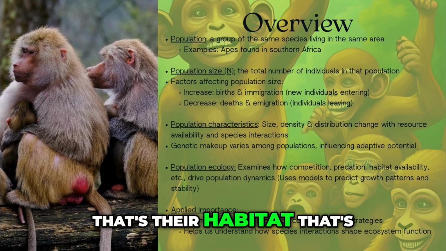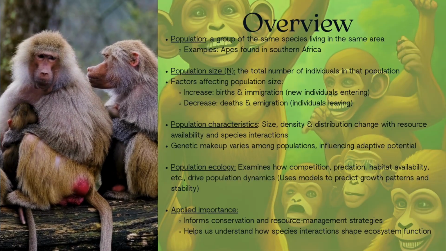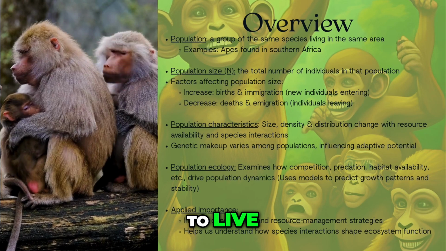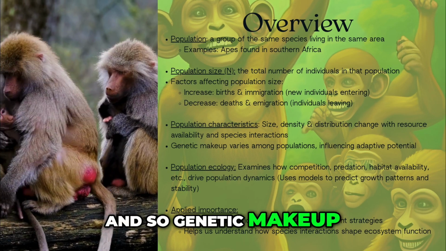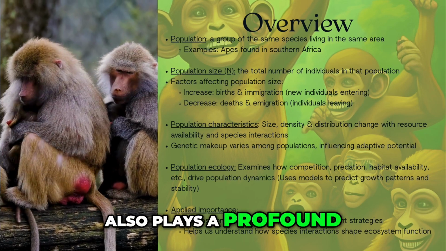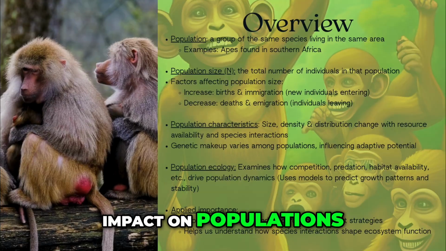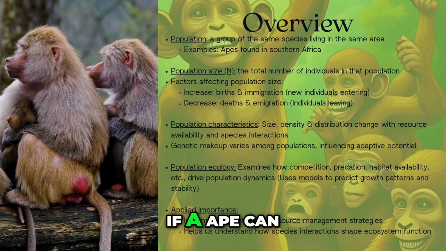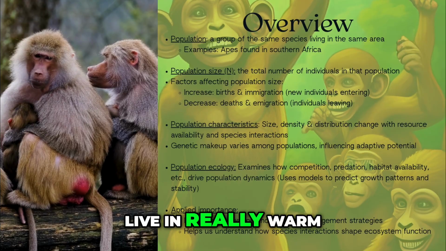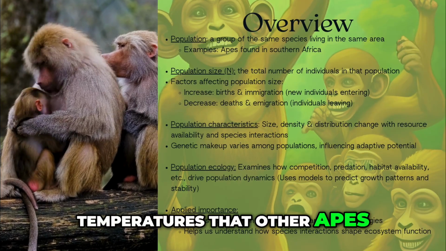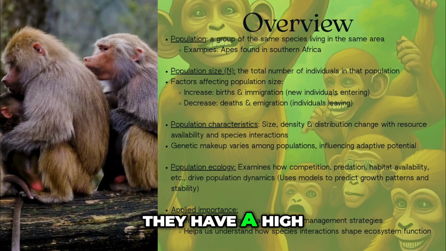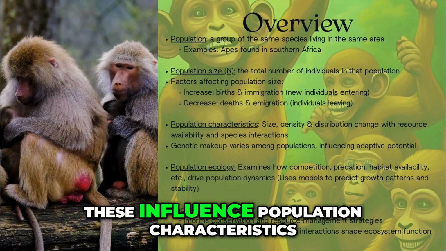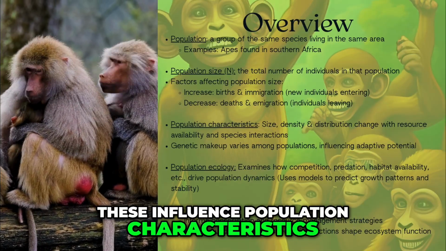That's their habitat being destroyed, so these species have to find new areas to live. Genetic makeup also has a profound impact on populations. For example, think of adaptation. If an ape can live in really warm temperatures that other apes cannot, they have a high probability of survival, and this influences population characteristics.